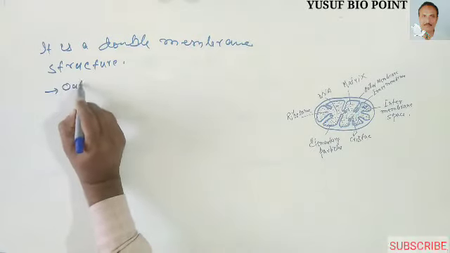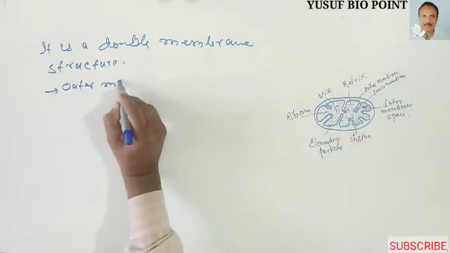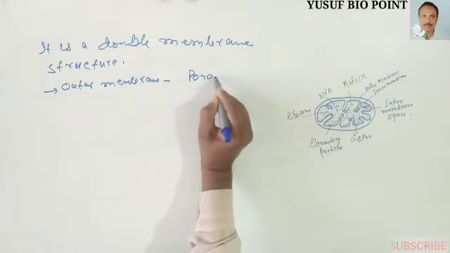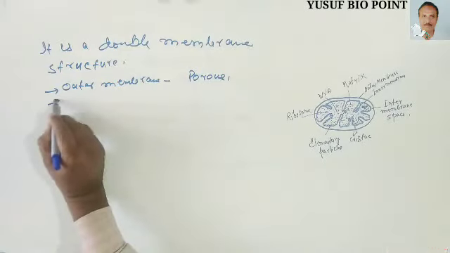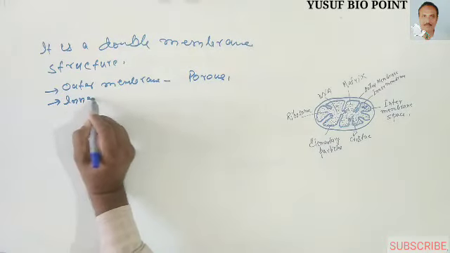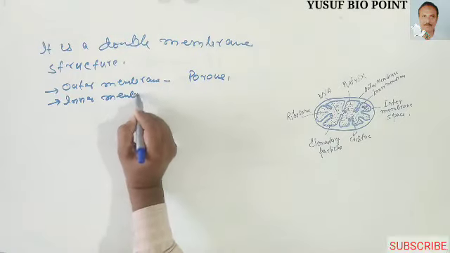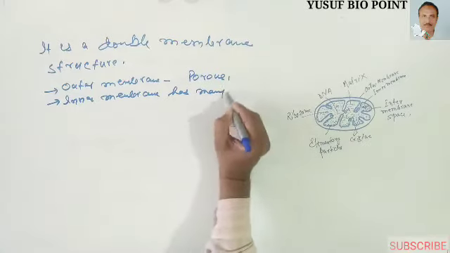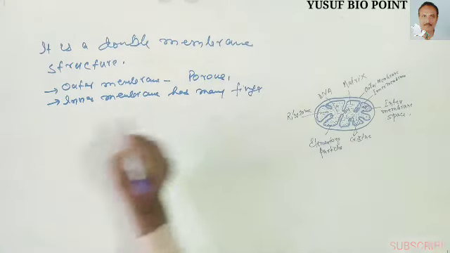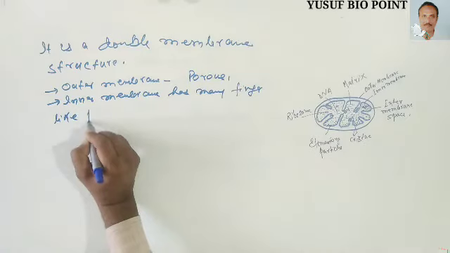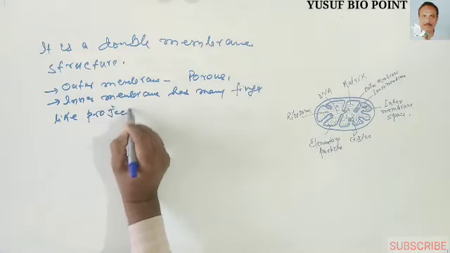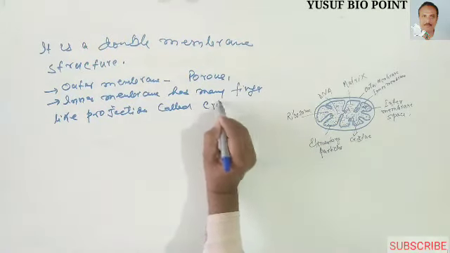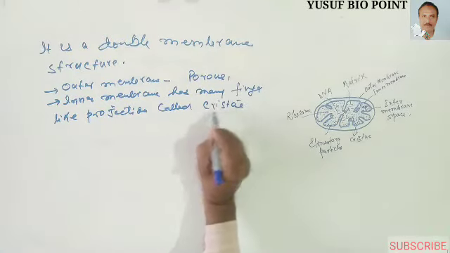The outer membrane is porous in nature, and the inner membrane has many finger-like projections called cristae.